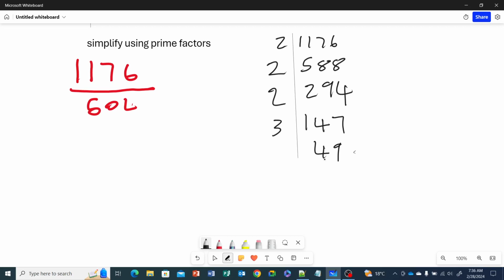No. Numbers that are divisible by 5 end with a 5 or a 0. Okay. Now it's divisible by the next number, which is 7. Yes. It's a perfect square of 7. So 49 divided by 7, you are going to get 7. Okay. Now that we have a 7, 7 divided by itself, you'll get a 1.